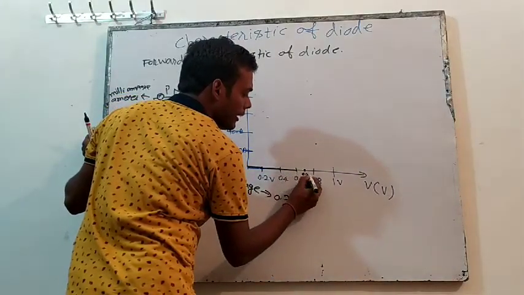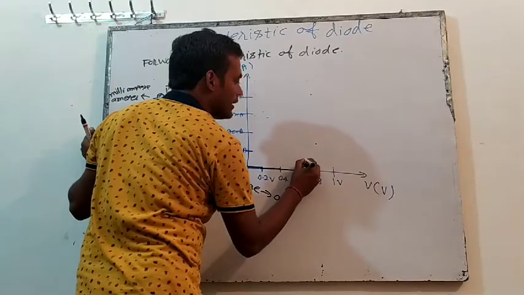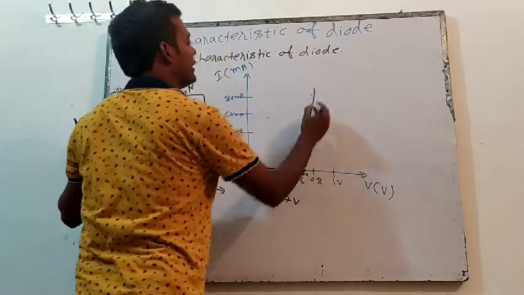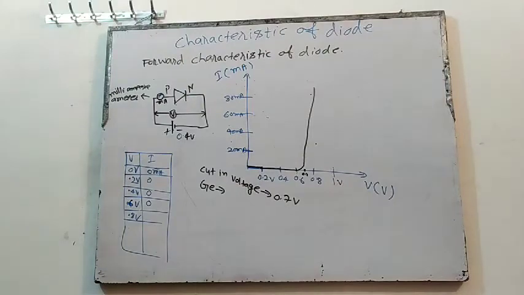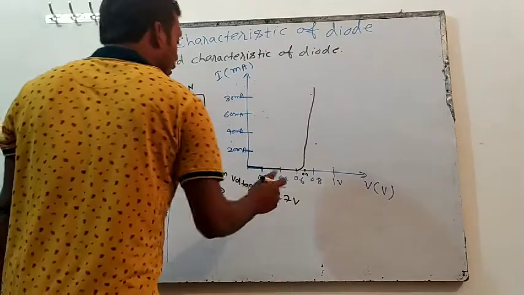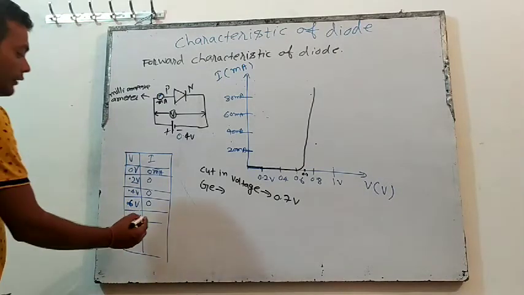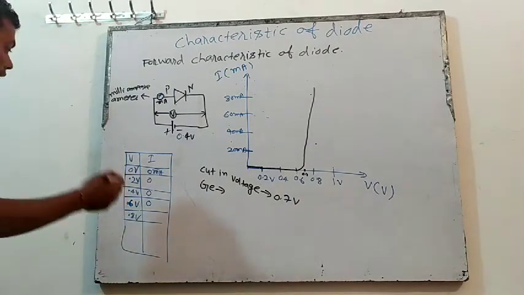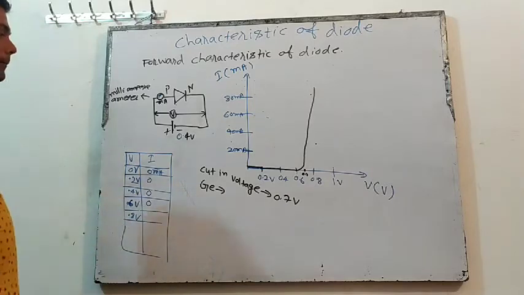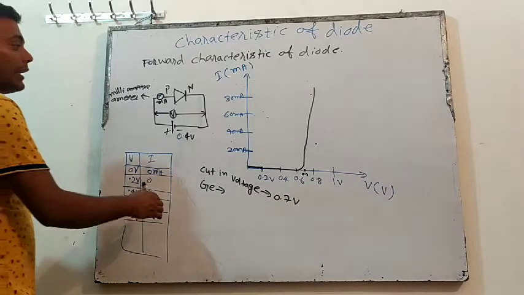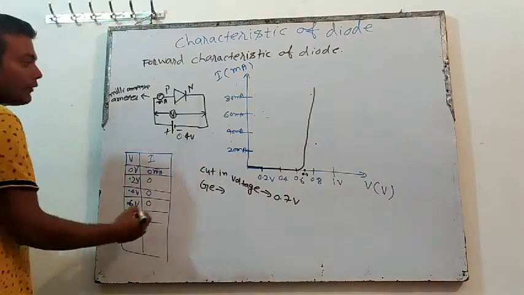So 0.7 will be here. The current will start like this, and then the current will increase like this. As we increase to 0.8 volt, the current will start increasing: 20 milliampere, 40 milliampere, like this.